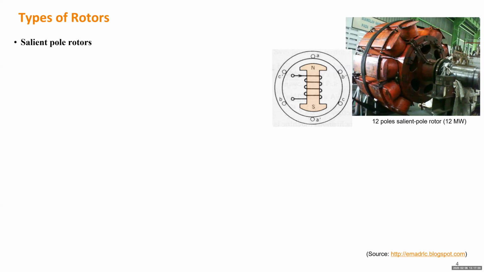So for this 12-pole salient pole rotor generator, if it is operated to generate 60 hertz electricity, what is the rotor speed in revolutions per minute? We know the frequency equals P divided by 2 times N divided by 60.